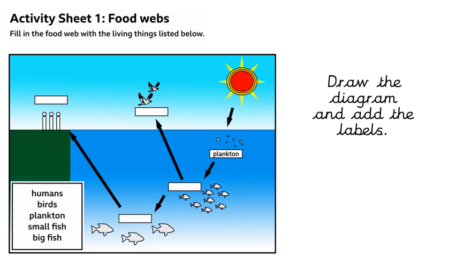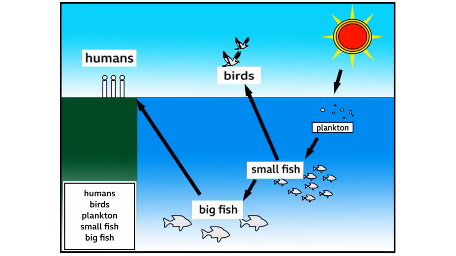Okay? Then if you pause this video, on the next slide I'm going to show you what the answers should be. And I'd like you to upload a picture of your finished diagram. Okay, so the answers then, you should have something that looks like that.